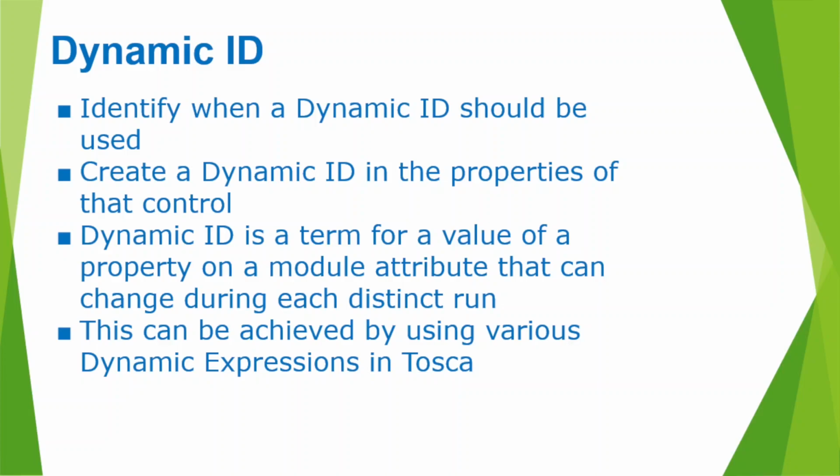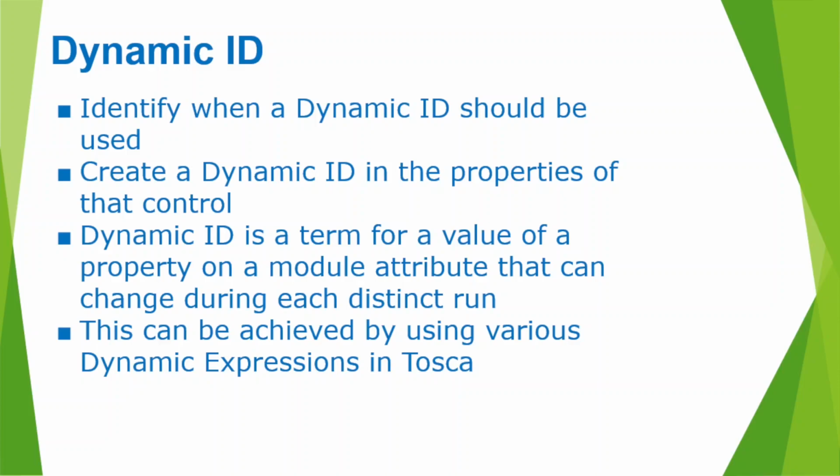The dynamic ID is a term for a value of a property on a module attribute that can change during each distinct run. So basically it's an attribute. Let's say you are capturing a control and identifying the unique properties of that particular control, which Tosca needs to identify that control uniquely.